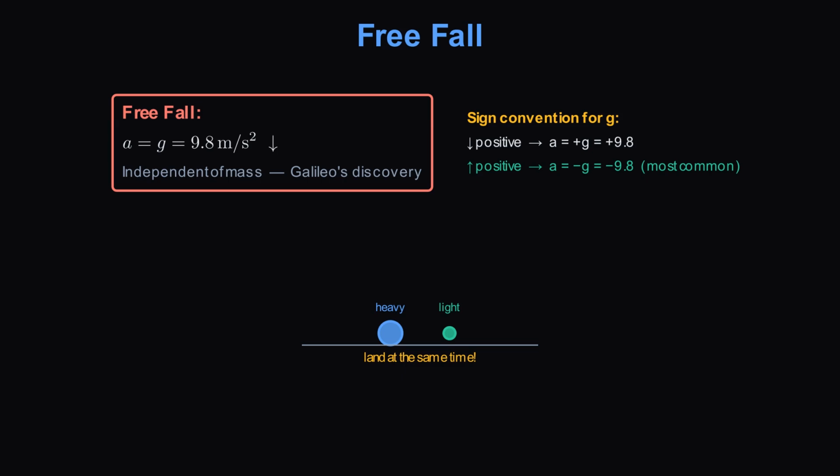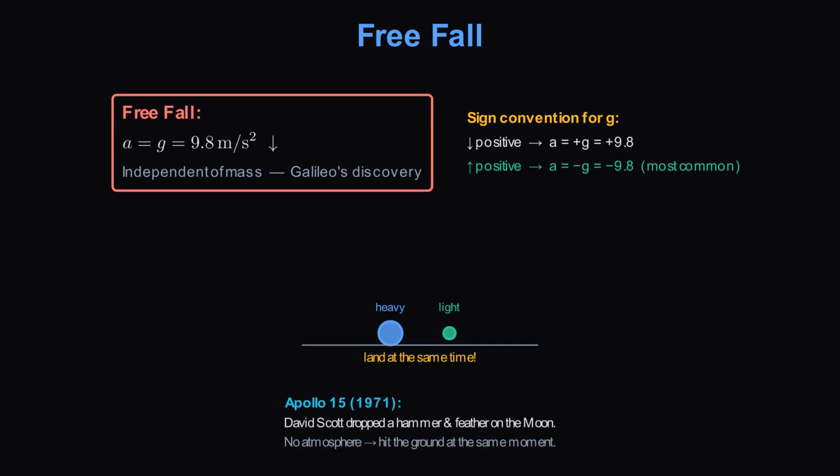Galileo reportedly demonstrated this from the Leaning Tower of Pisa. More convincingly, in 1971, Apollo 15 astronaut David Scott dropped a hammer and a feather simultaneously on the surface of the Moon. With no atmosphere, they hit the ground at exactly the same moment. Every student should see that video at least once.